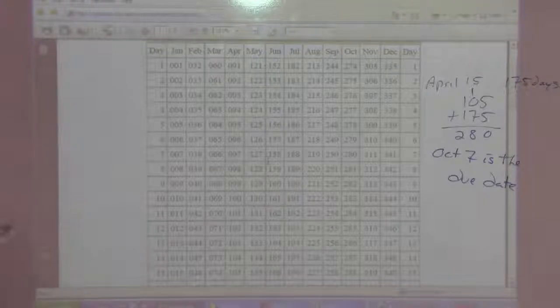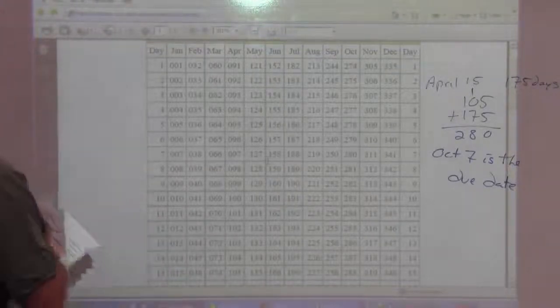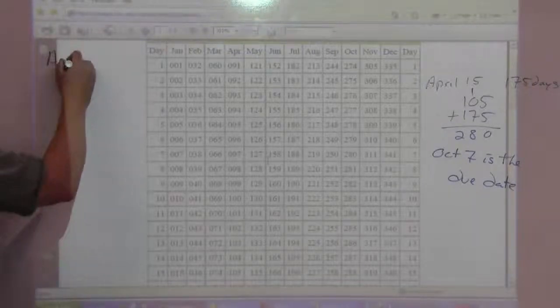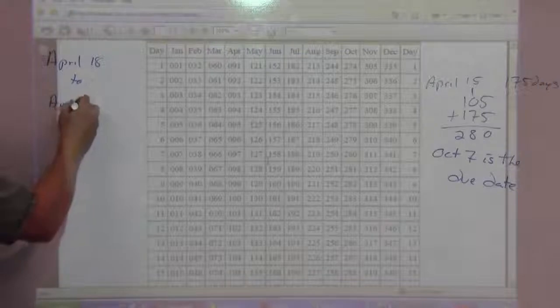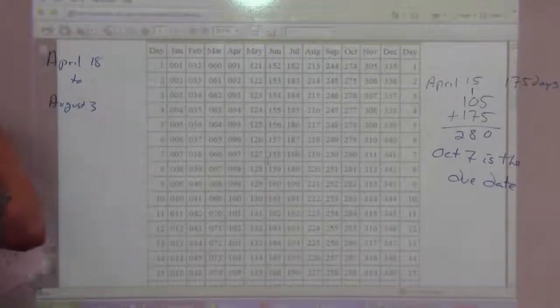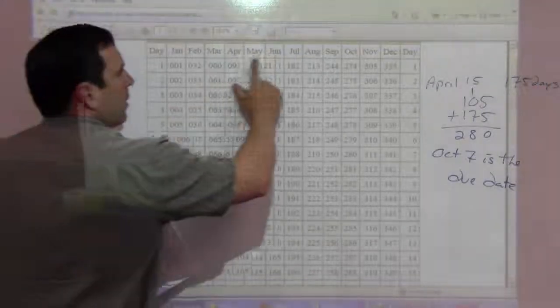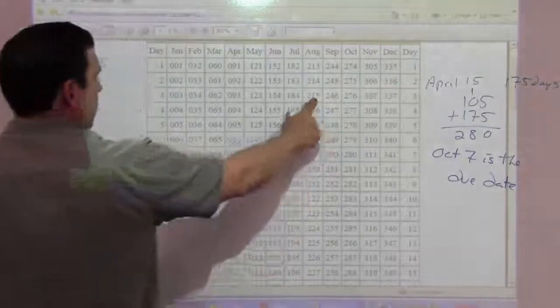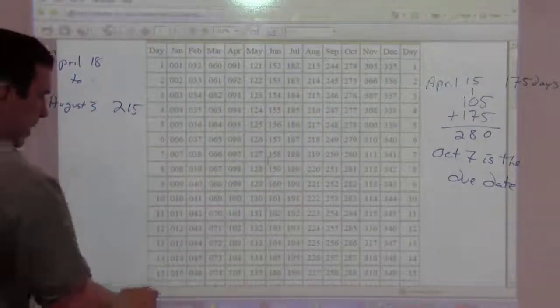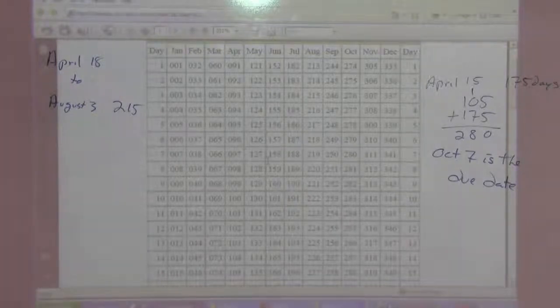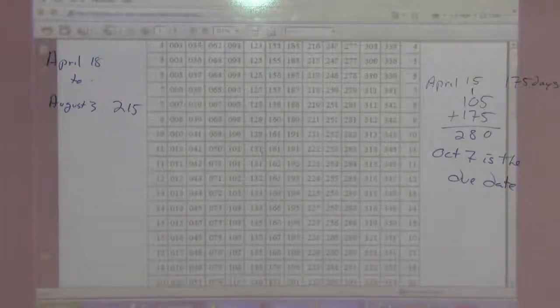The next one says, find the number of days from April 18th to August 3rd. Okay, August 3rd is day 215. April 18th, I'm not going to be able to fit it here. Let me scroll down a little bit.